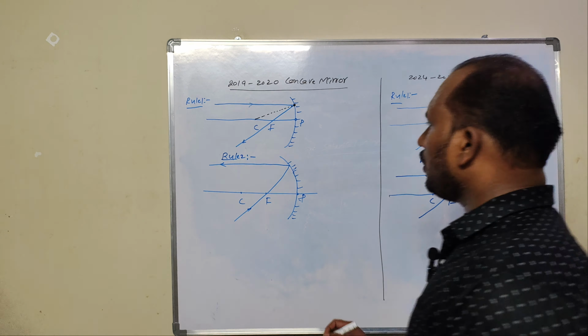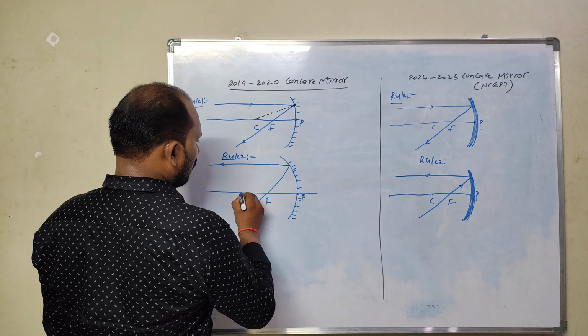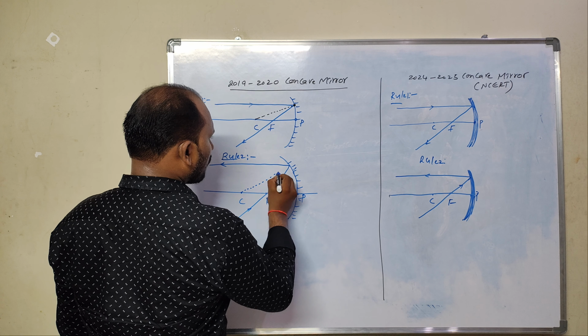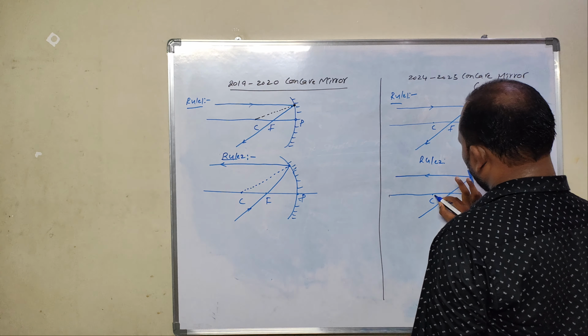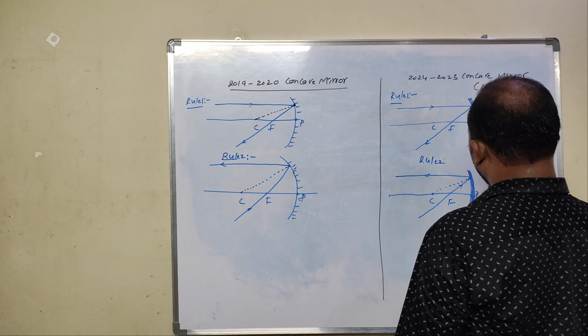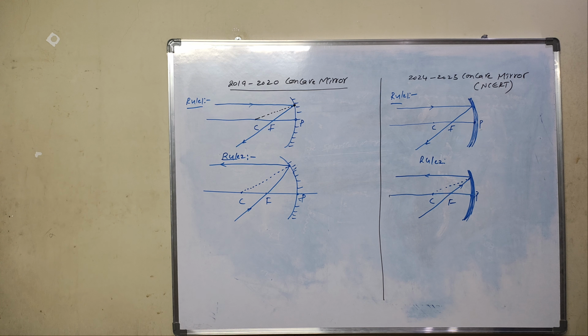Once again, we draw a normal line from point of incident to center of curvature. Let's see the third diagram.